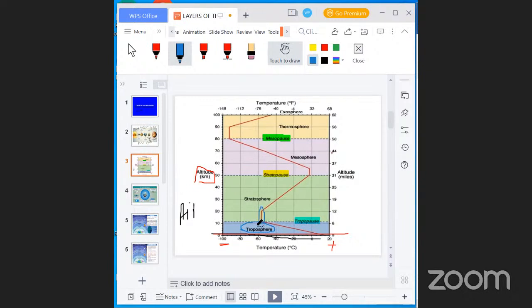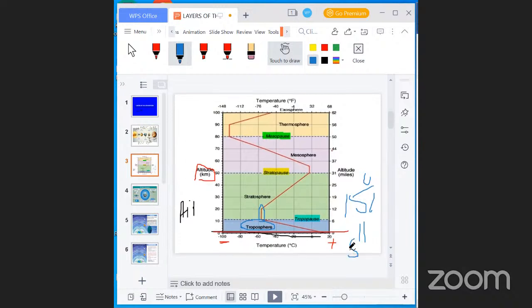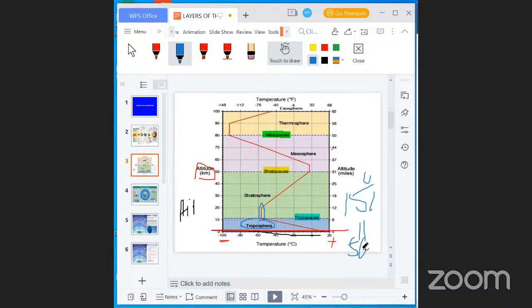So the average temperature around the globe at sea level is how much? 15 degrees Celsius. So the troposphere is about how much? 11 kilometers high, and the temperature at that altitude is minus 56 degrees Celsius.